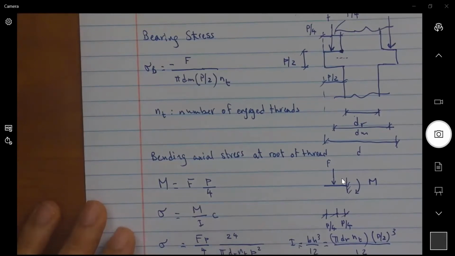We can simplify that to sigma equal to 6F divided by pi dr nt times P.